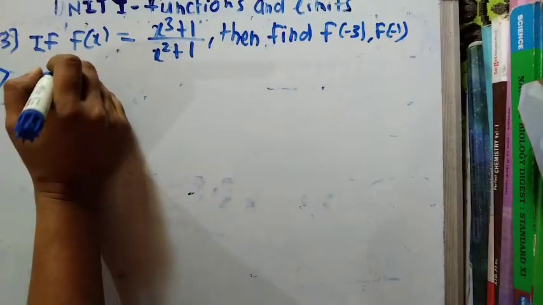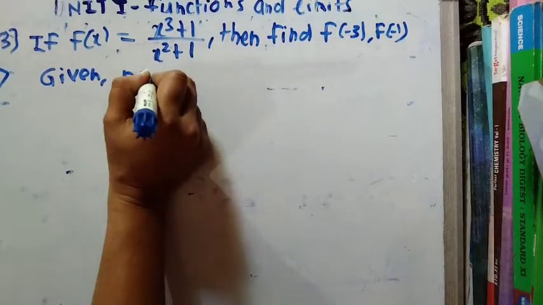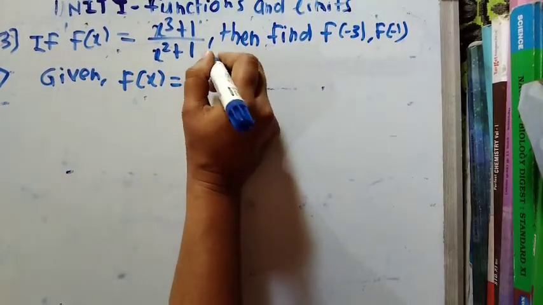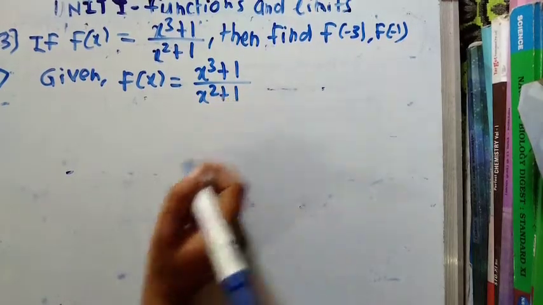So first, given that f of x is equal to x cube plus 1 divided by x square plus 1.